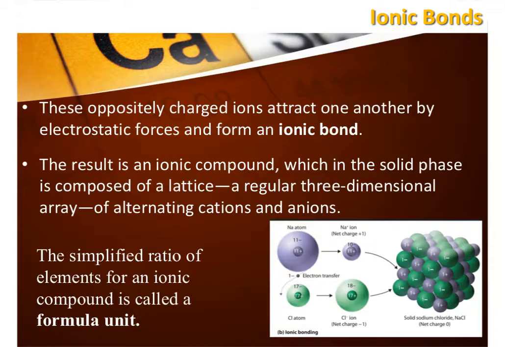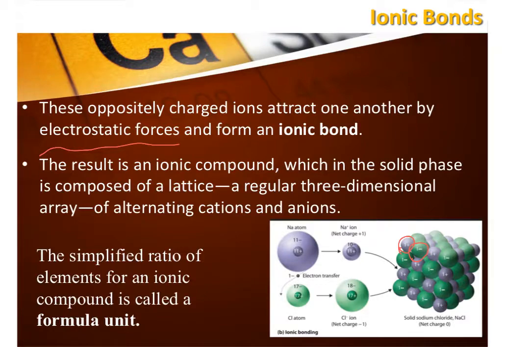Once you have the ions, the charged particles, they're very strongly attracted to each other through these electrostatic attractions, and we have an ionic compound. Because of the strong attraction, ionic compounds are always crystalline solids.